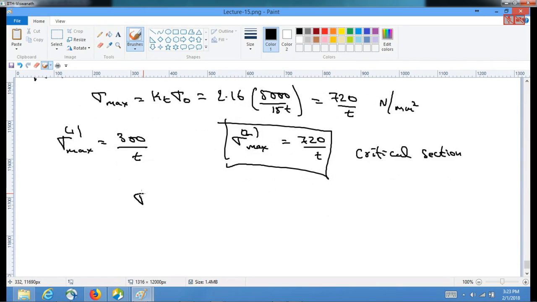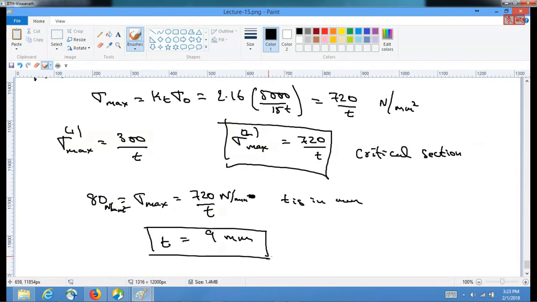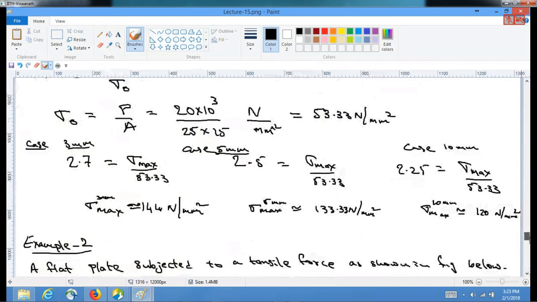So we'll take sigma max equal to 720 by T, but we know that sigma max is 80 Newton per mm square. If you solve this, with T in mm, then we can say that T is equal to 9 mm is the thickness that has to be provided so that both the failures can be avoided.